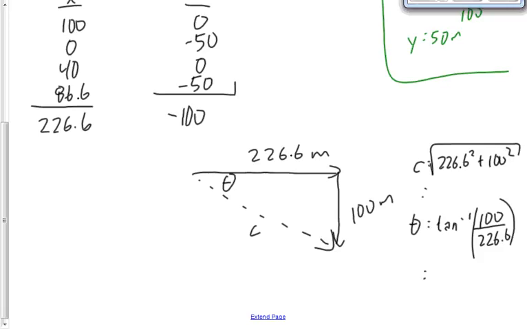For C, we get 247.7. And for theta, the side of the room, we get 23.8 degrees. I mean, 23.8 degrees, what of what? South of east, good.